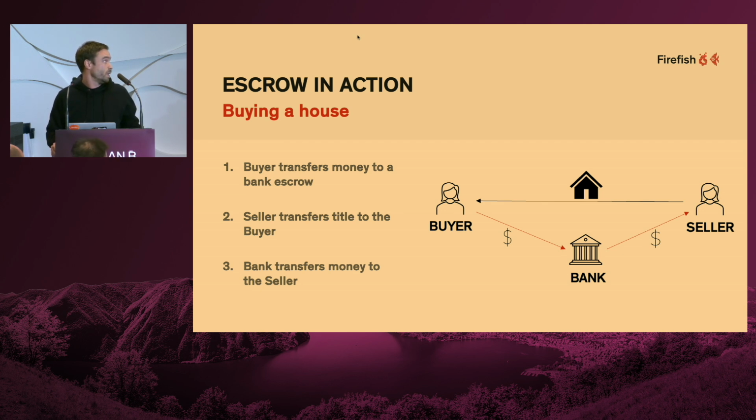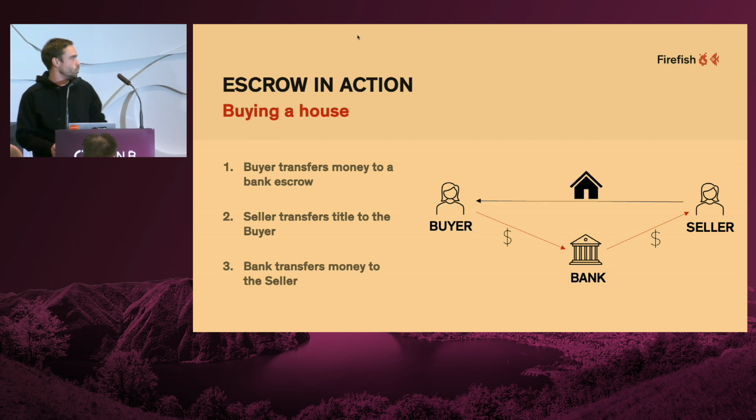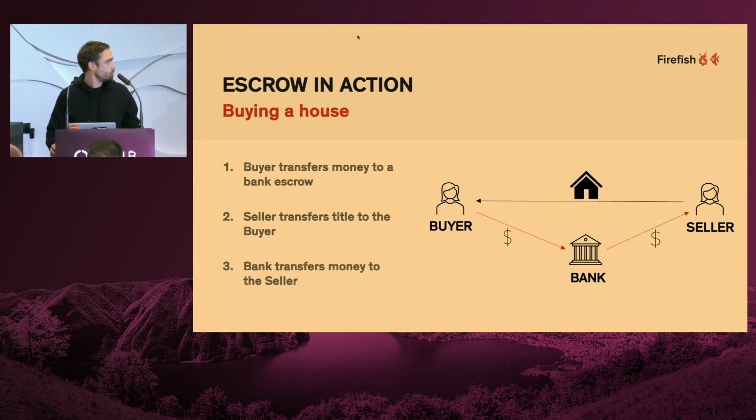As you might notice, this reduces counterparty risk towards the seller, but you are still exposed towards the bank. You are hoping that the bank is going to do their business right, but they could theoretically run away with your money. So it's very important to understand who the escrow agent is, because you are fully exposed to the counterparty risk towards the escrow agent.